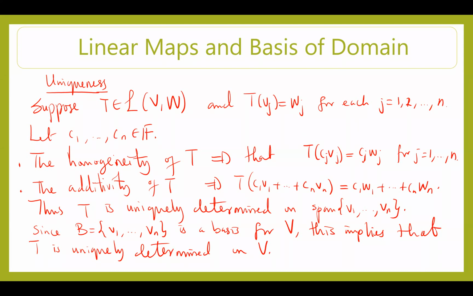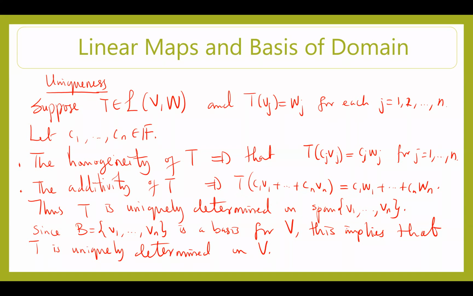And this definition makes sense, because I can always do this. This linear combination is possible because of the span, okay? So T is uniquely determined on the span, okay?